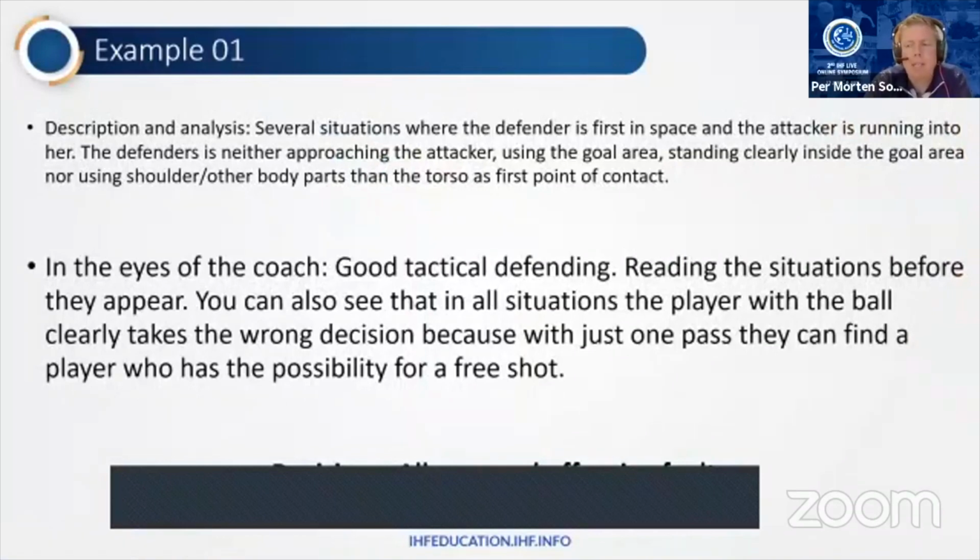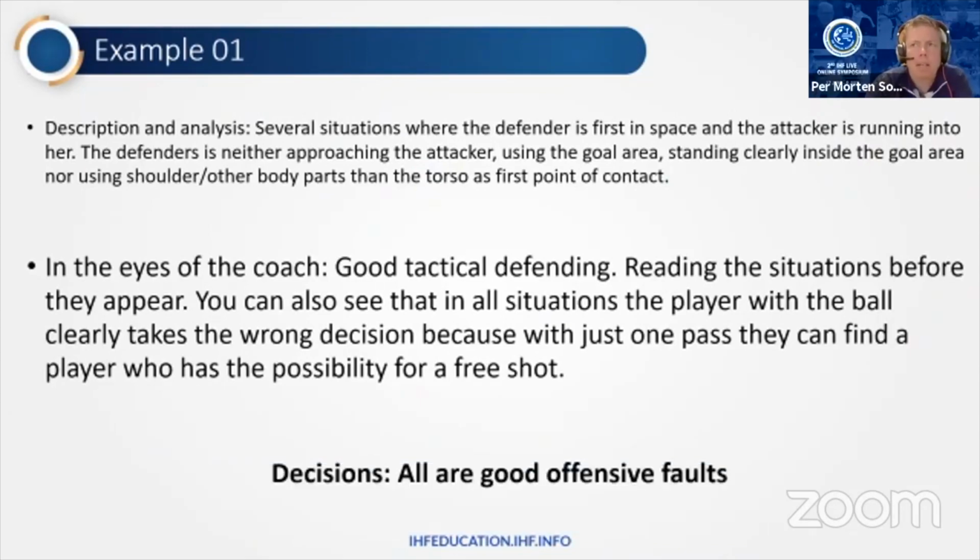Here it's easy to see the line of the referees, and it's more or less the same action and the same reaction, the same decision from the referees every time. And it's also balanced between the teams. So it's a very clear line in this example.